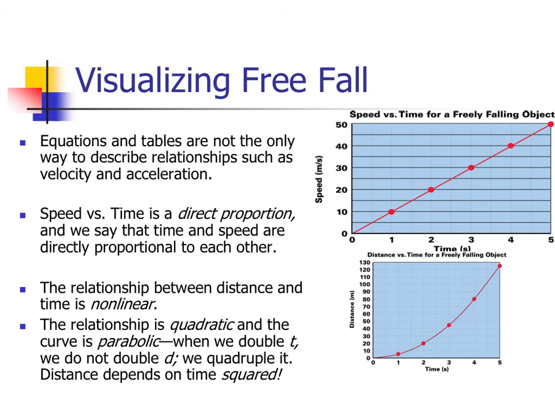Graphically, what does it look like? Well, because an object is accelerating, our speed or velocity time graph needs to look like a direct proportionality, that nice straight line. Our distance time graphs need to look as if they are quadratic, because they have a curvature to them.